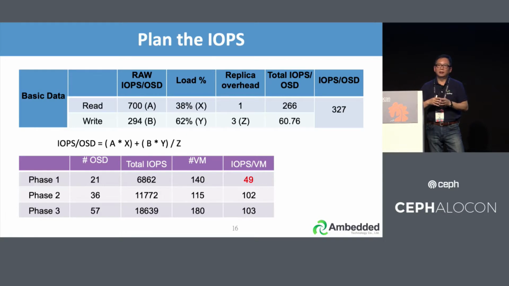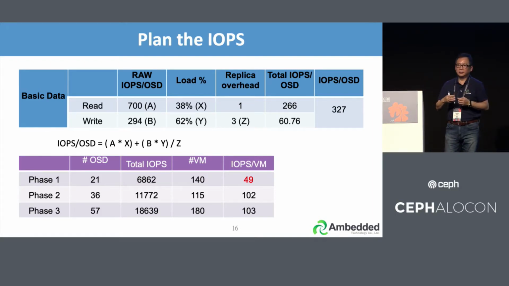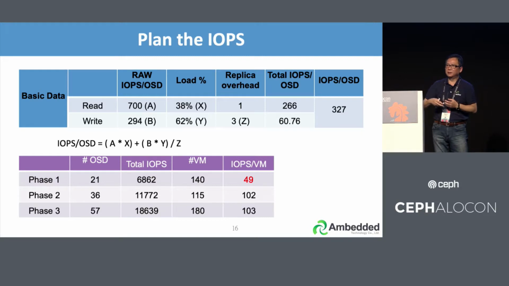So when they started to plan their first Ceph cluster, they didn't think about the IOPS required for the VMs, only the capacity. That makes the problem.